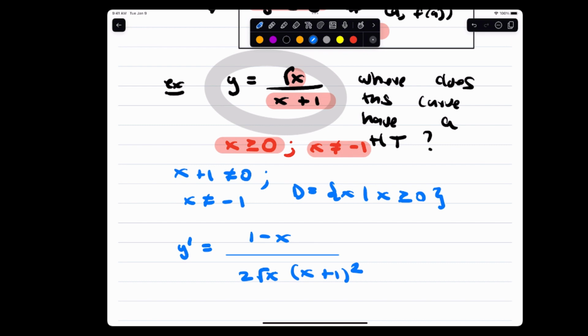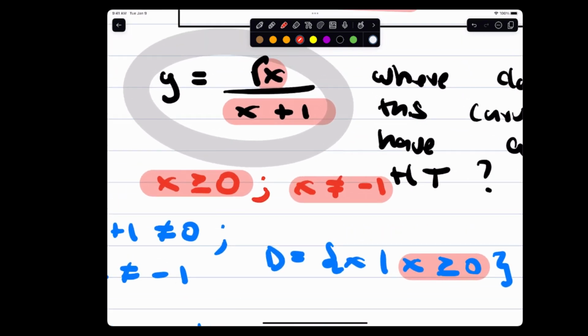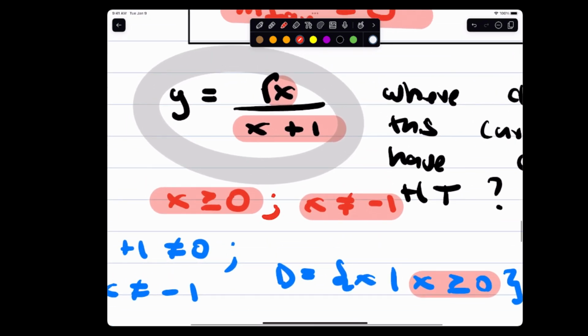Is that true for the square root? Here's what I'm saying. Positive numbers, it can even be 0. We know x can't be negative 1. Why didn't I list that in the domain?